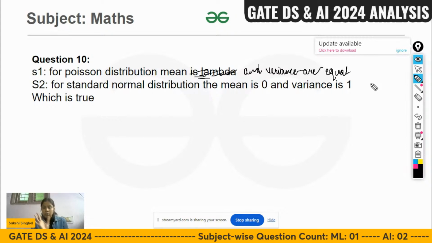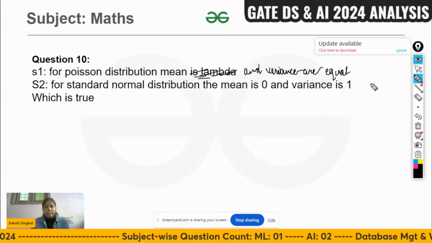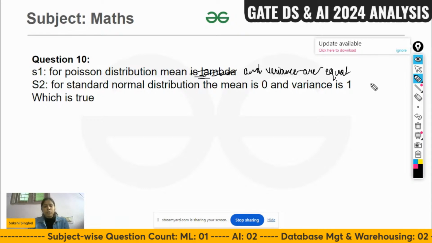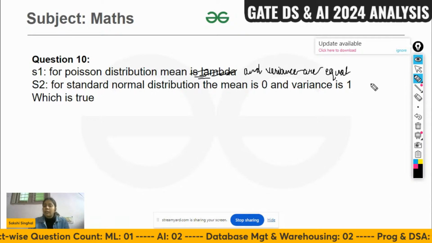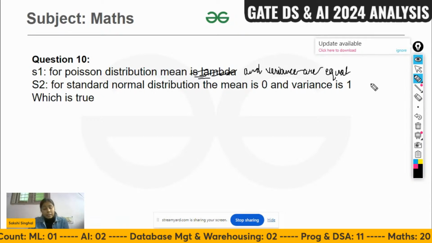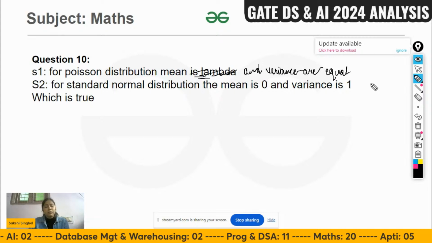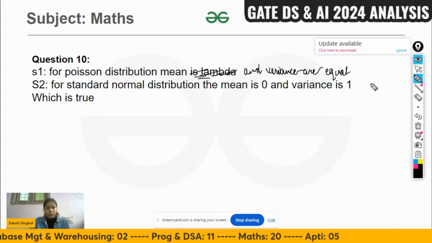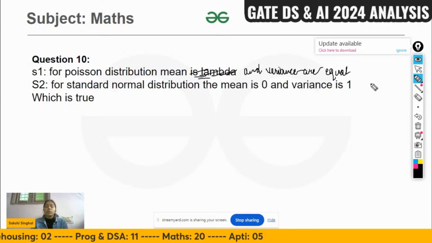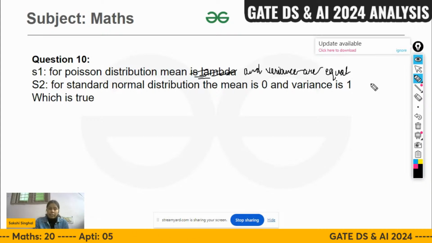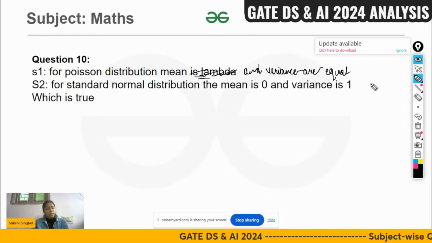When I was teaching you, I told you to remember all these things: for all the distributions, continuous and discrete, just remember their mean and variance. And the question was which of the following is true, and the options here are: S1 and S2 both are true, S1 is true or S2 is false, S2 is true or S1 is false, or both S1 and S2 are false, right?